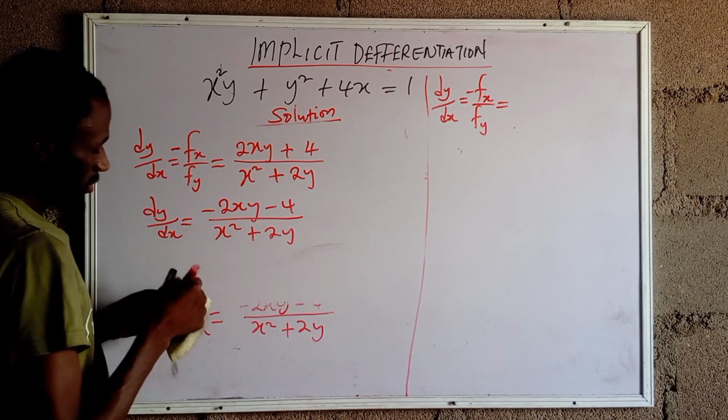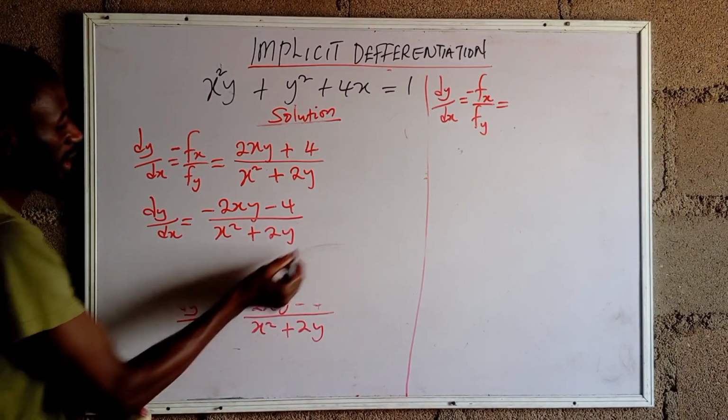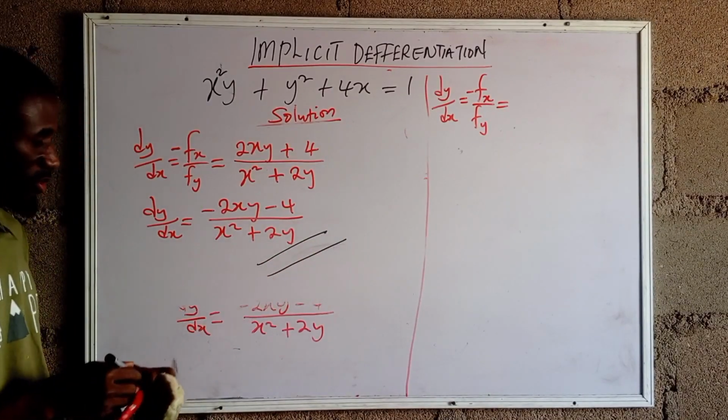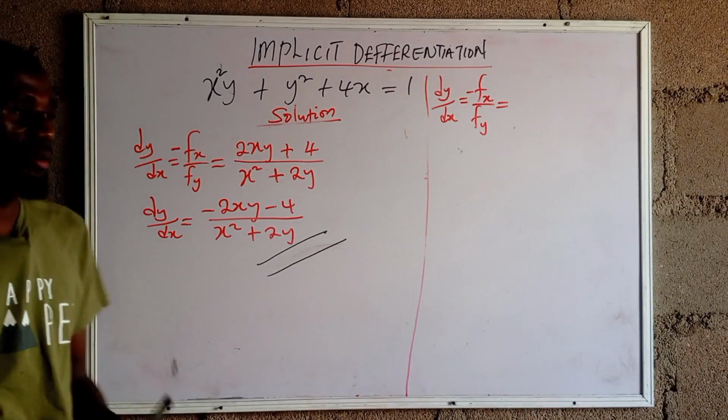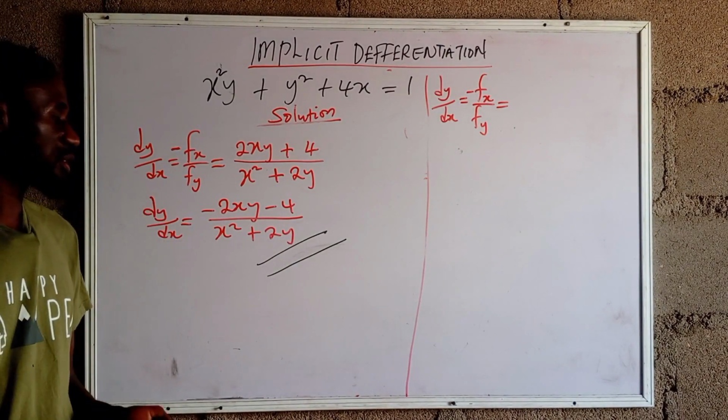That is as simple as this. Unlike using the chain rule, I think this one is very simple to do when solving implicit functions.